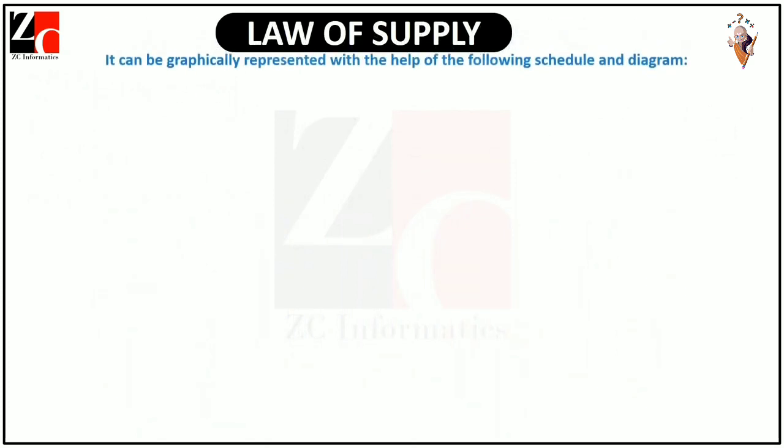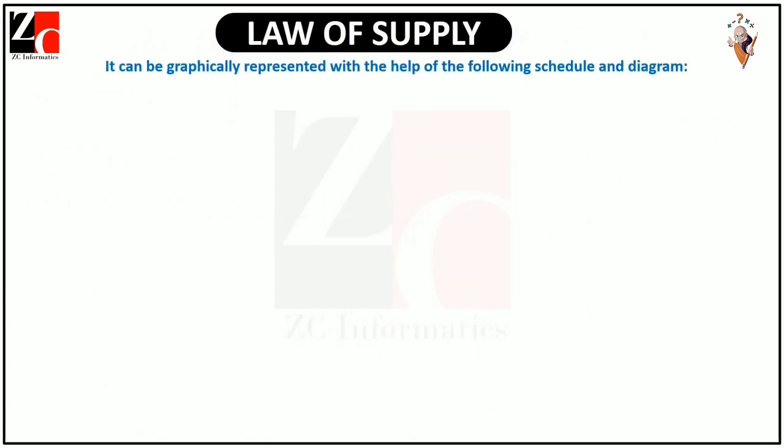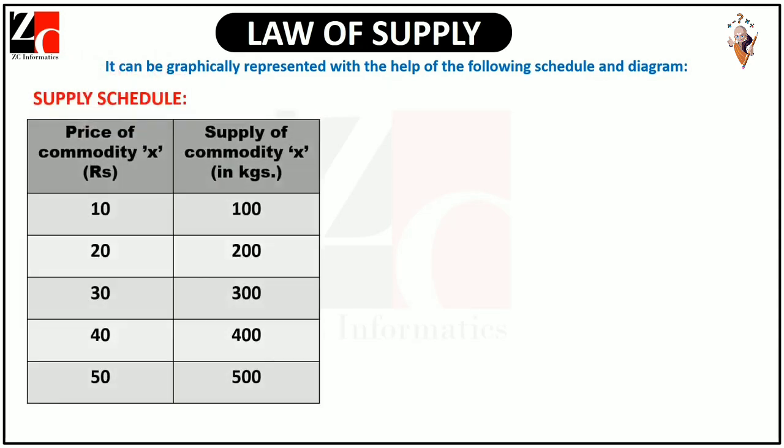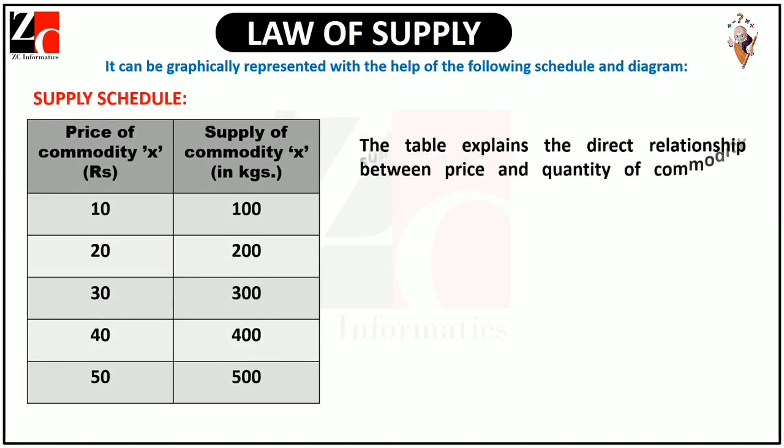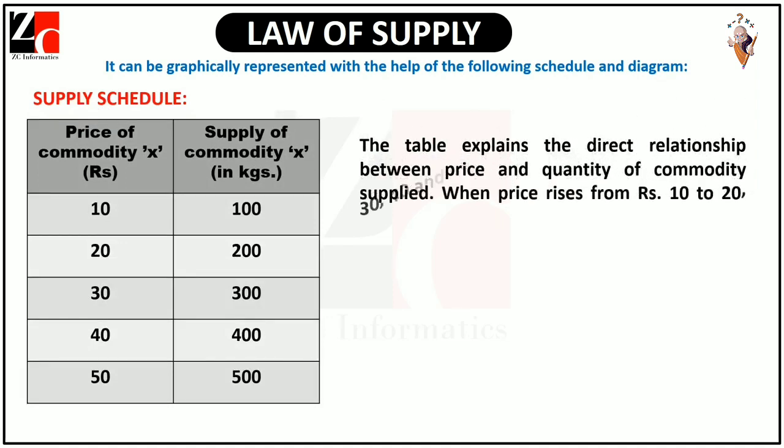It can be graphically represented with the help of the following schedule and diagram. Supply schedule. The table explains the direct relationship between price and quantity of commodity supplied.